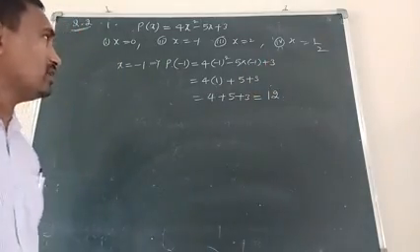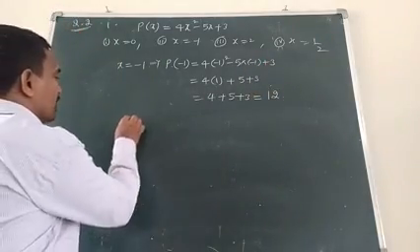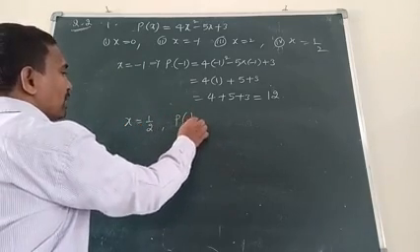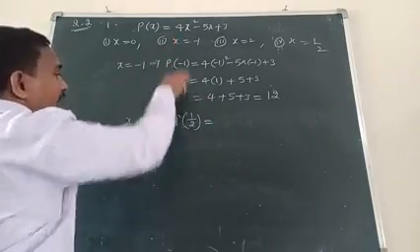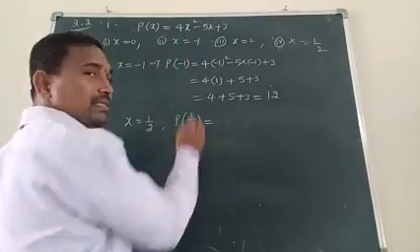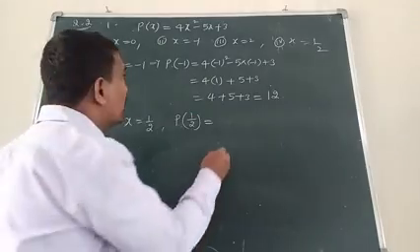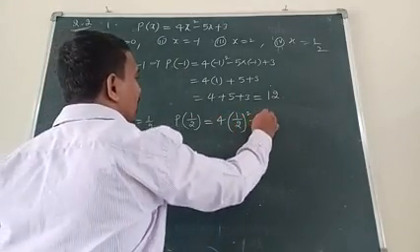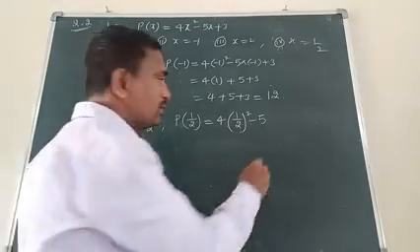Now let us find the value of p of x at x equal to 1 by 2. At x equal 1 by 2, p of 1 by 2. Replace x by 1 by 2. Wherever it is x, put 1 by 2. 4x square: 4 into 1 by 2 whole square. Minus 5x: 5 into 1 by 2.